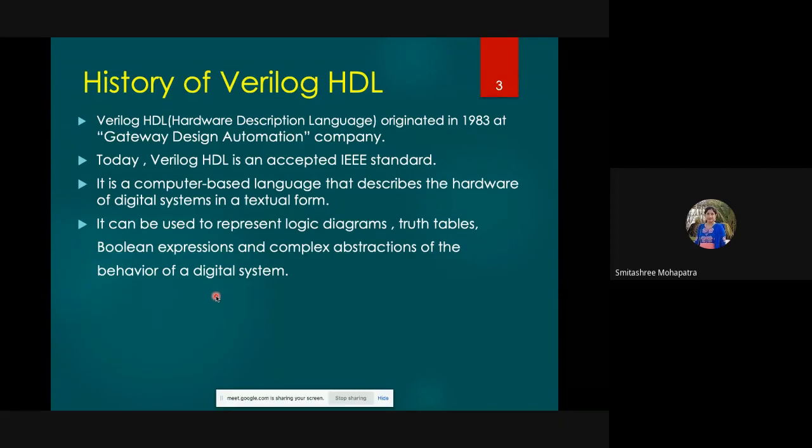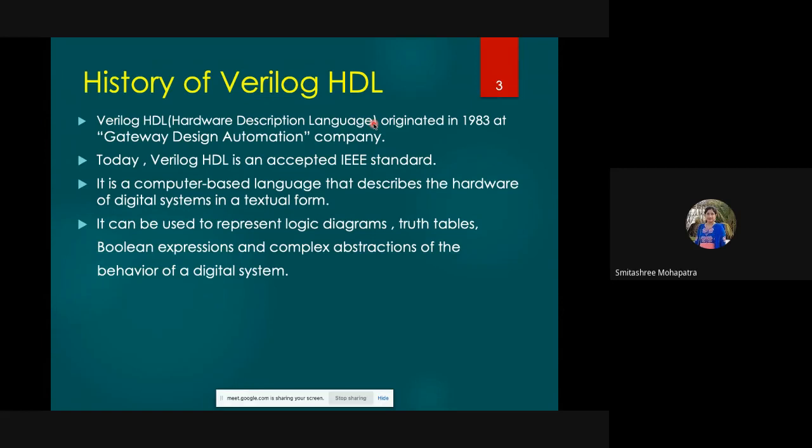First, we'll learn the full form of Verilog HDL. Here I have written Verilog HDL. The HDL full form is Hardware Description Language.